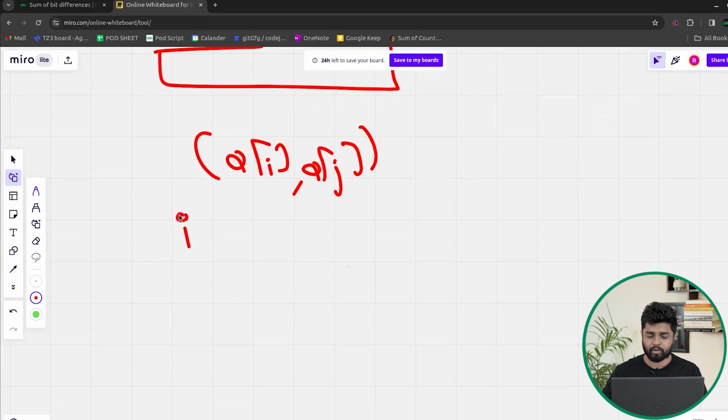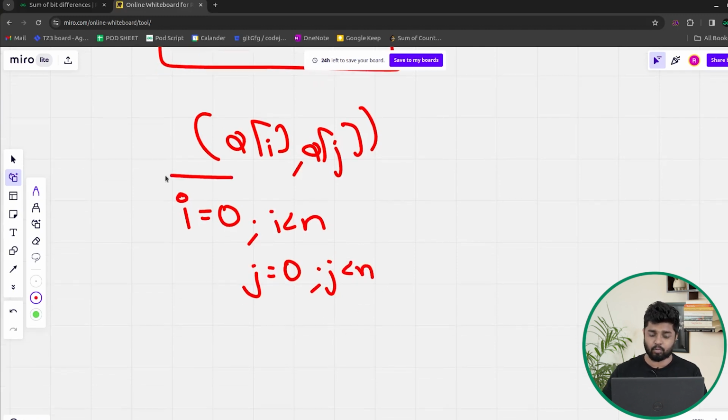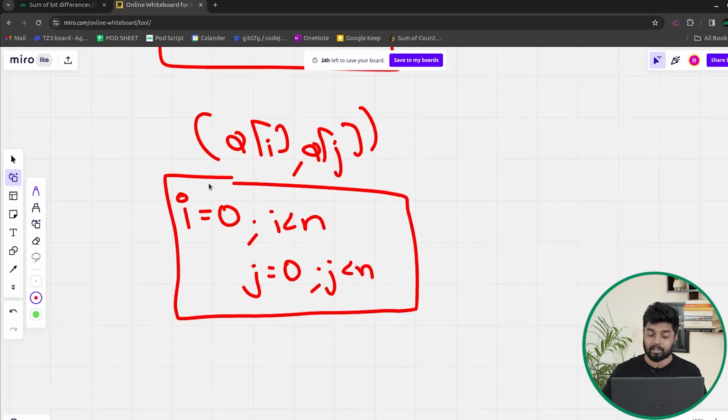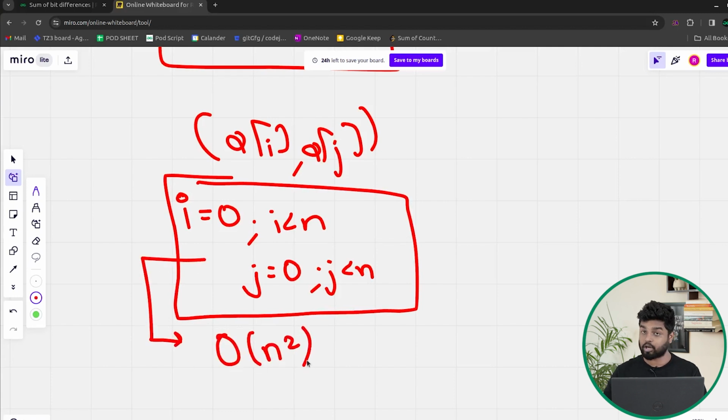So you have to run your i loop from 0 till i is less than n, and then your j loop from 0 till j is less than n. At least, how much time would this take? Even just generating all the pairs takes order of n square time, where I'm not even counting the complexity of bit manipulation. So it is going to take at least n square or more time.